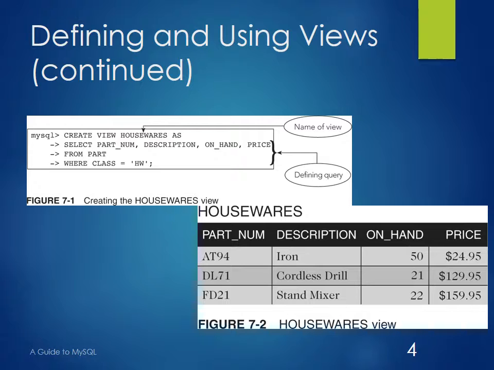The only data I will see if I reference the housewares view is the part number, description, on hand, and the price for only the ones that are in the housewares category.